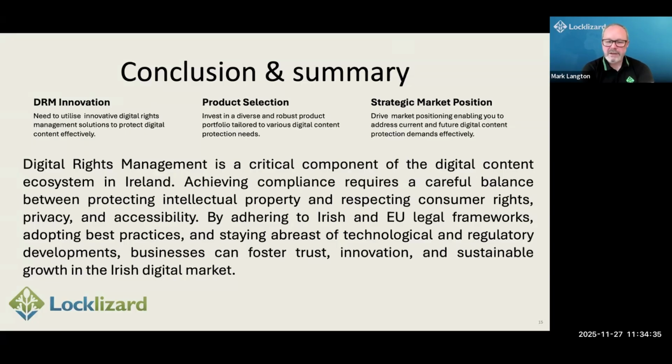The scalability is really key. Most DRM vendors don't scale particularly well. We have examples where we have 240,000 simultaneous logins taking place for an education authority in the US. And we handle that without any difficulty at all.